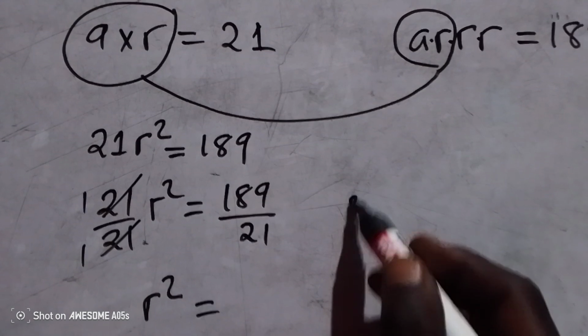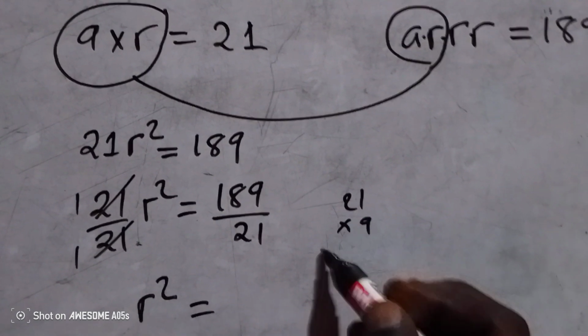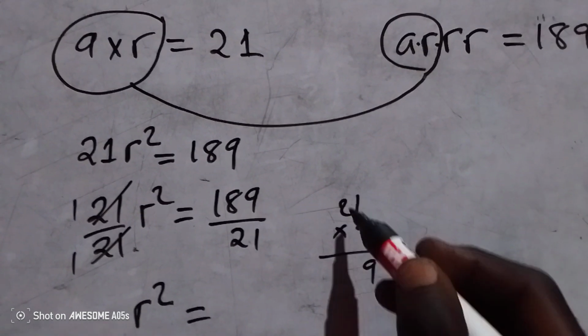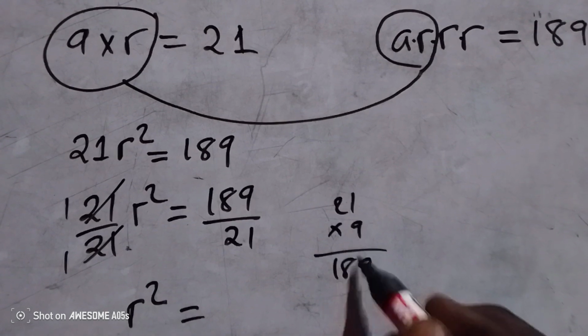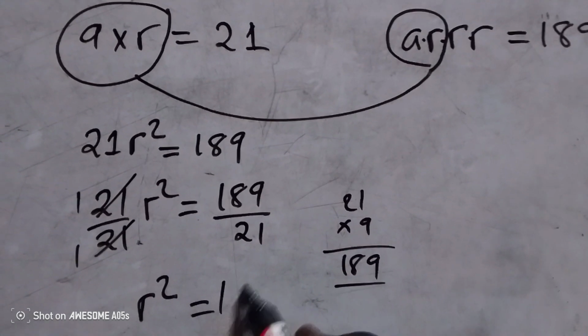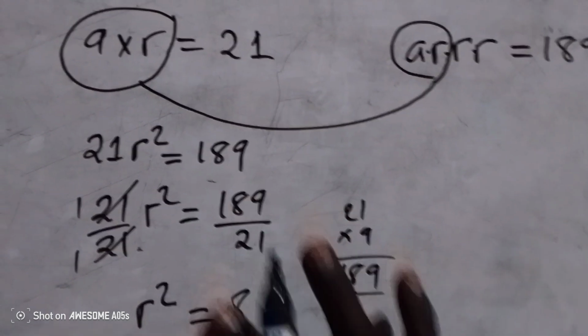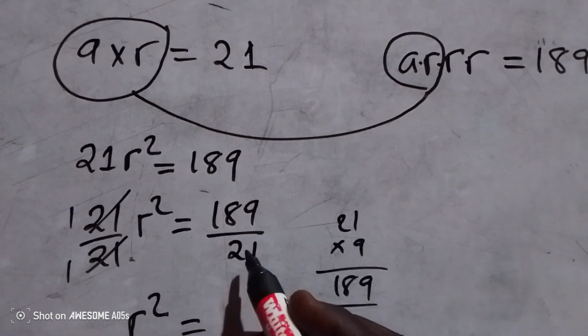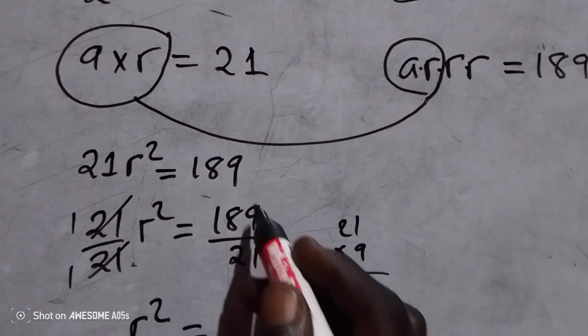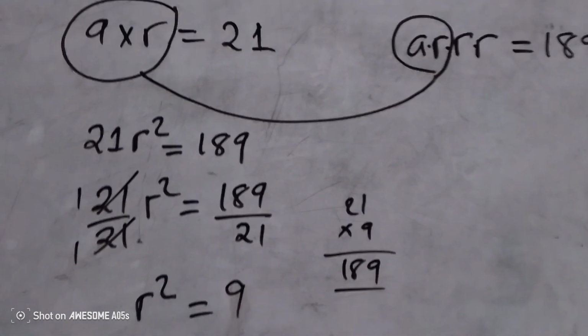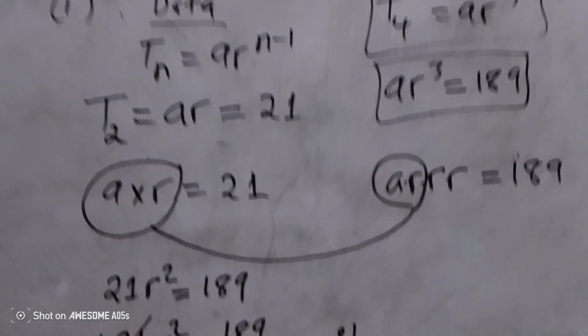On the right, 21 goes into 189, 9 times.